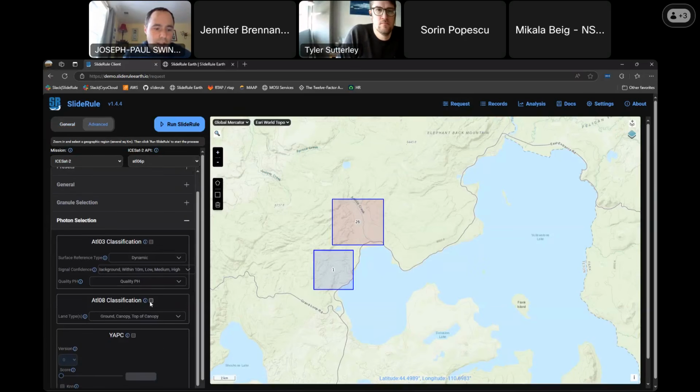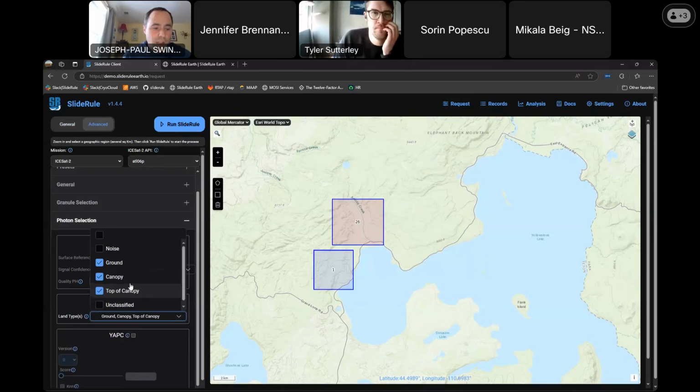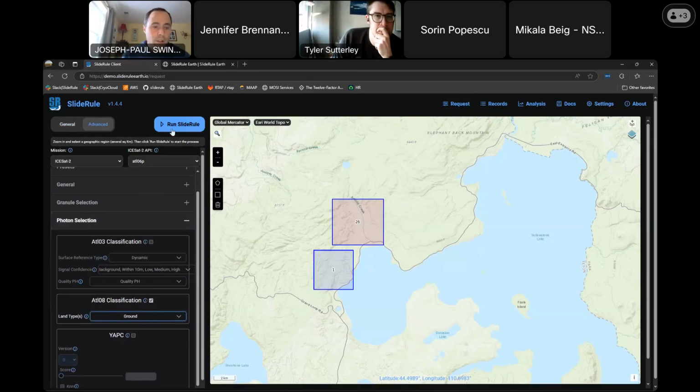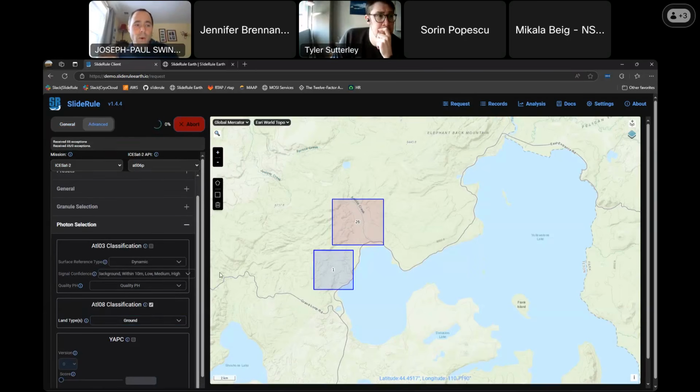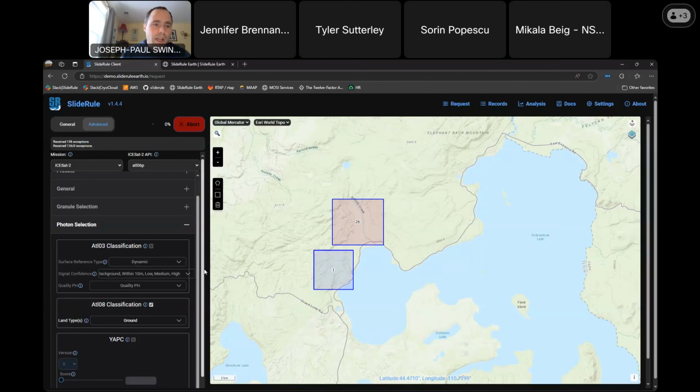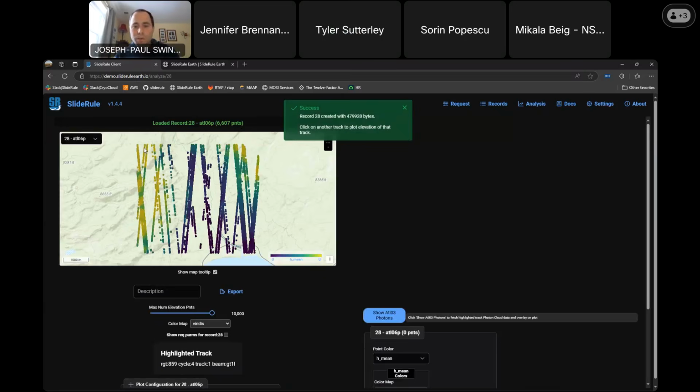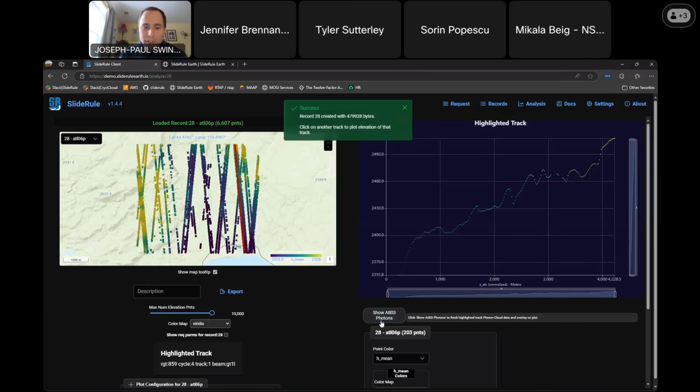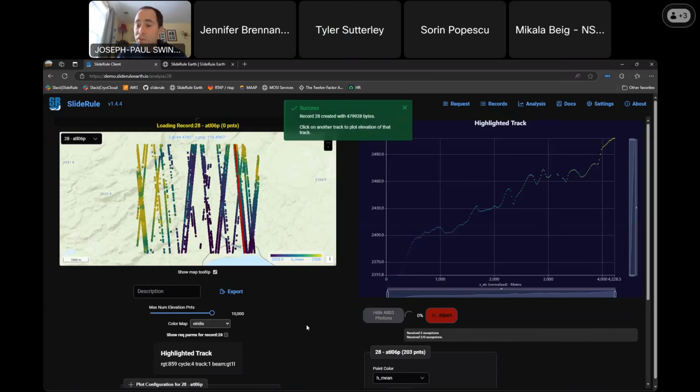And now you can say, I only want to fit to the ground photons that ATL08 has classified, or you could choose Canopy or Topobathymetry, things like that. And then when you do that, you can rerun the request, and instead of fitting to all of the photons, it'll fit just to the ground photons, and it'll return a different fit.